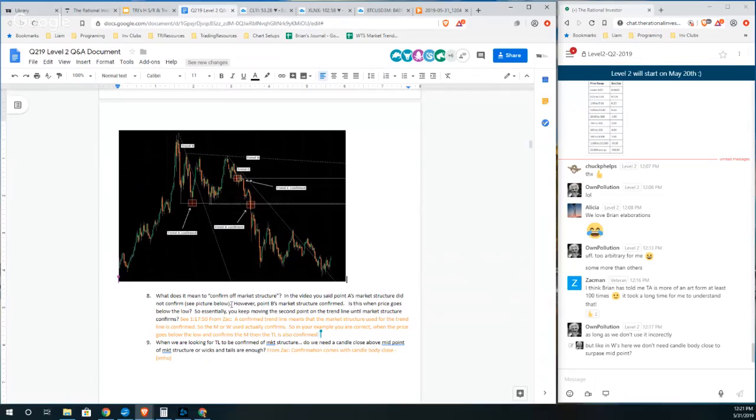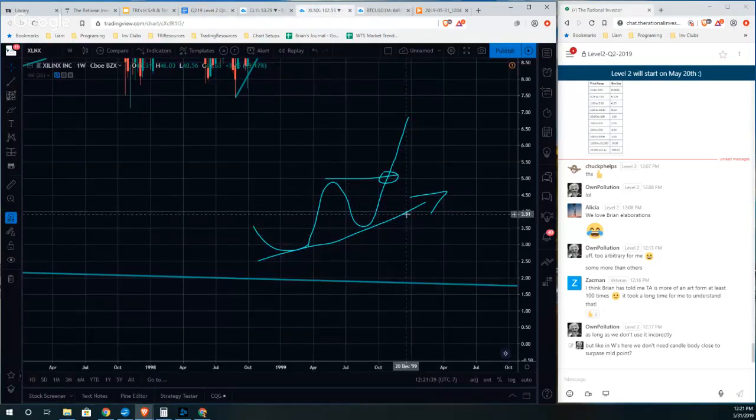Market structure not confirmed. Is this when price goes below the low? Yes, right? Just as I sort of showed you here. What does an active trend line actually look like that's been validated? This is the point at which that market structure confirms, right there, which is very counterintuitive to new people to trading.